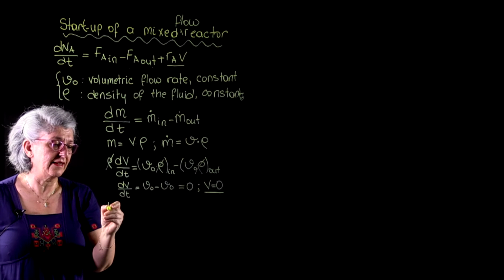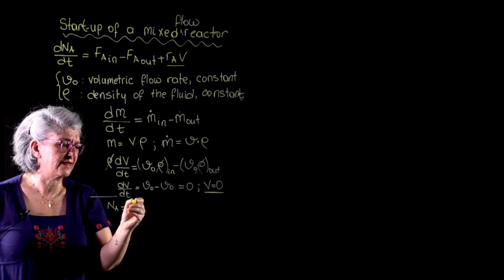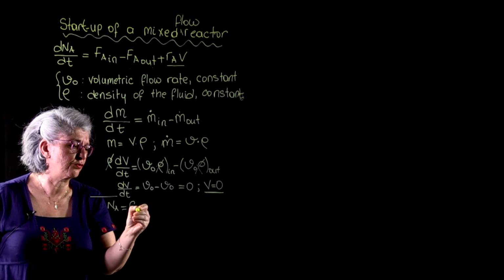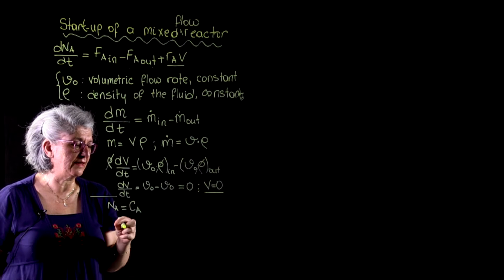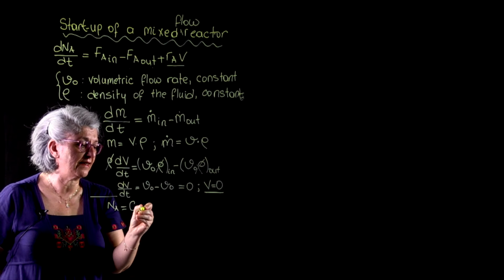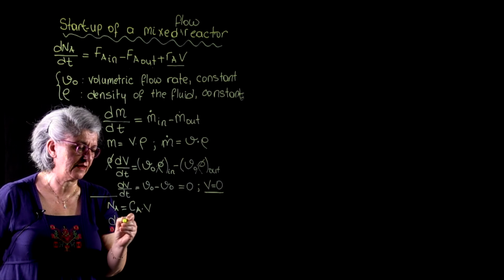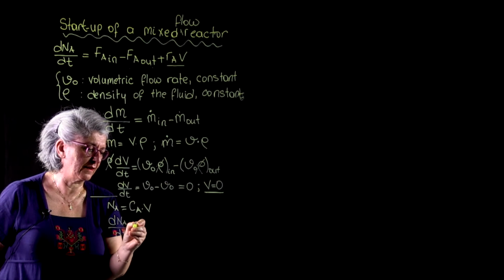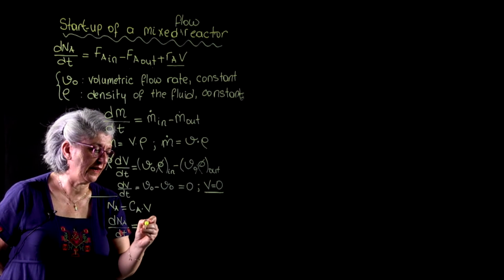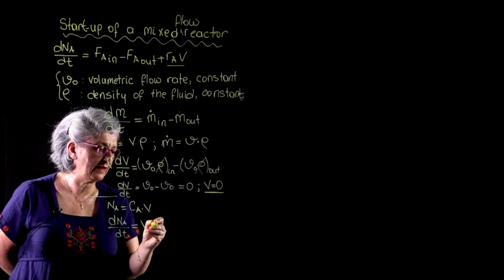As a result, NA being defined as CA, and I'm going to drop out from the definition, I'll just label the concentration as CA times volume. And as a result, dNA over dt will be V. I have taken V out of the derivative because it is constant, dCA over dt.